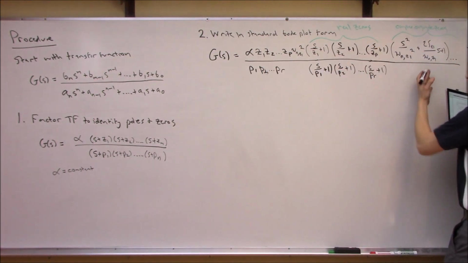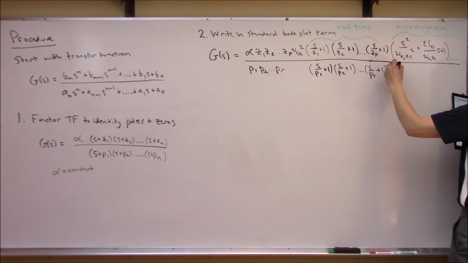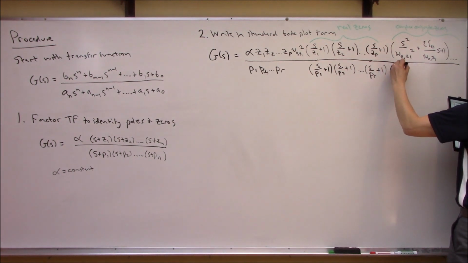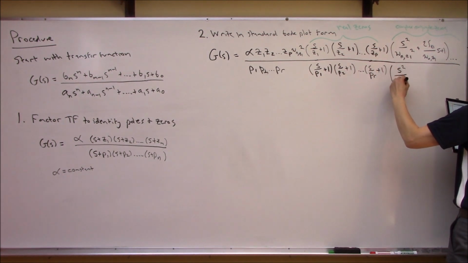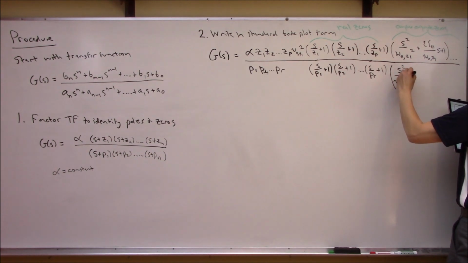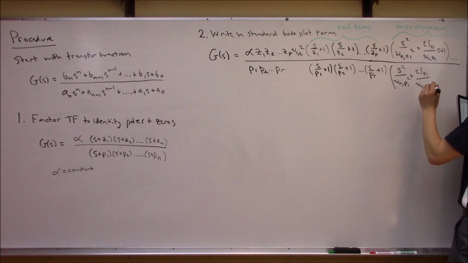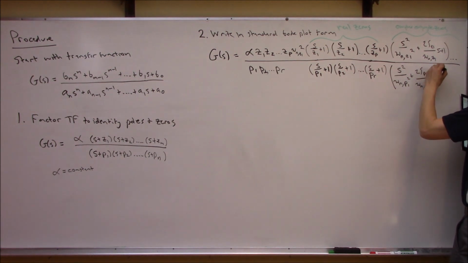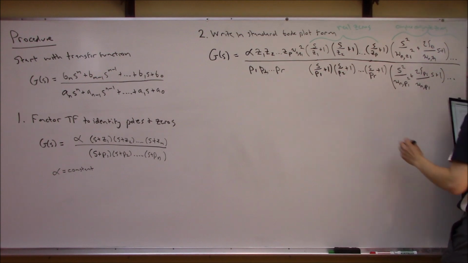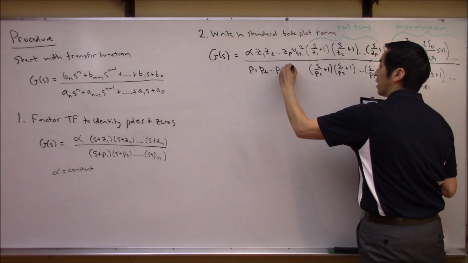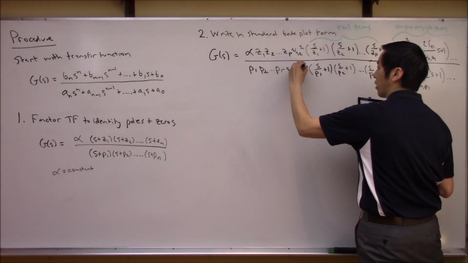And then you do the same thing for the complex conjugate pairs of poles. So now you want this to be written as s squared over omega n p1 squared plus 2 zeta p1 over omega n p1, the natural frequency of this first complex conjugate pair, times s plus 1, and so on. So you get omega n p1 squared.